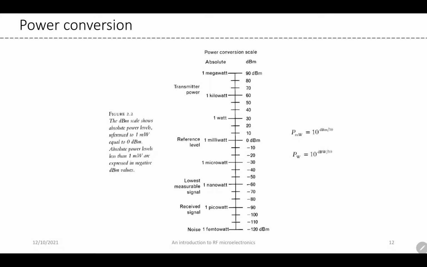Now, this is a simple table which helps convert dBm to absolute power levels. As we mentioned, the reference is 0 dBm, which is 1 milliwatt, and it might be helpful to remember some numbers. So 1 watt is 30 dBm, 40 dBm would be 10 watts.